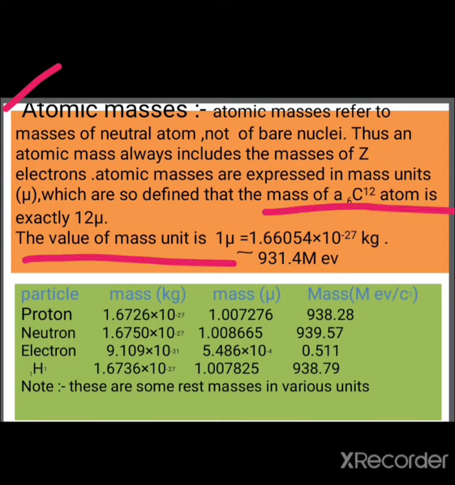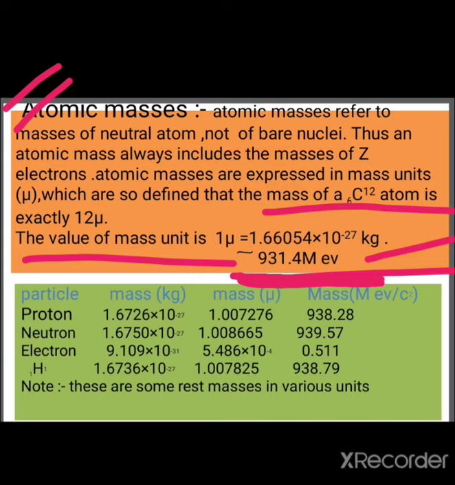So the value of 1 mu is equal to 1.66054 into 10 raised to power minus 27 kg, which is approximately equivalent to 931.4 mega electron volt. And in mega, as you all know, there are 10 raised to power 6 electron volt. So that's all about atomic masses.